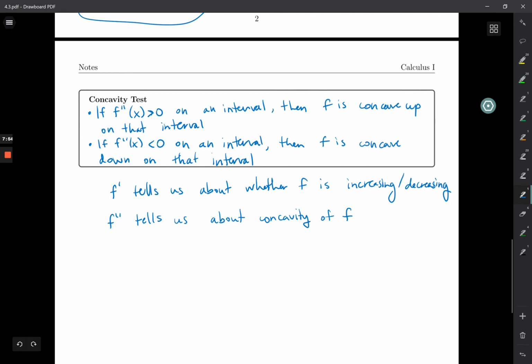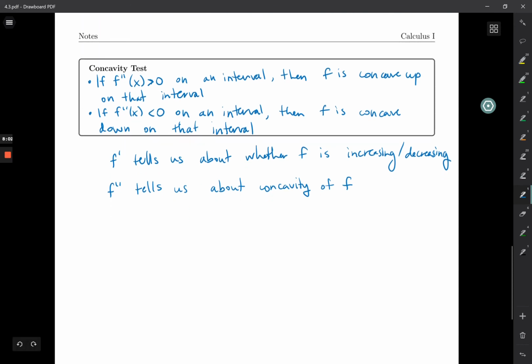Okay, so just very generally, that's the information that we get from the first derivative versus the second derivative. And remember that concave up was, so you can just think of a parabola. A parabola facing upwards is concave up, and then a downwards facing parabola is concave down, right?